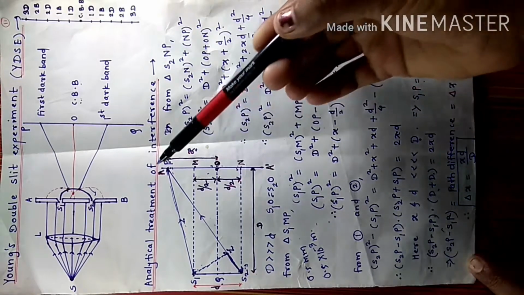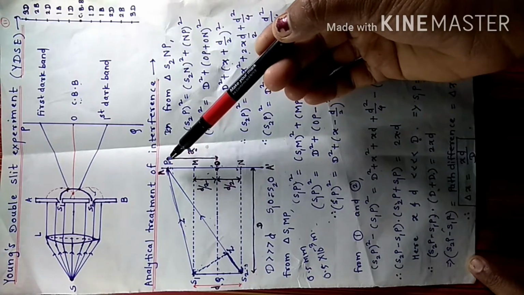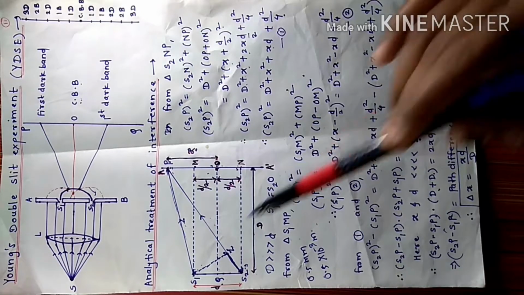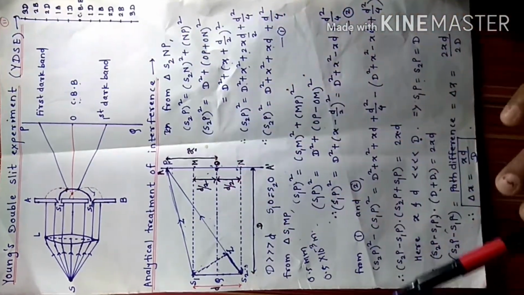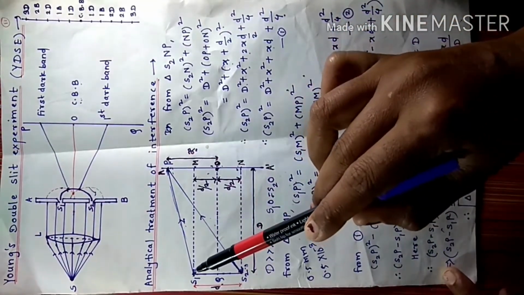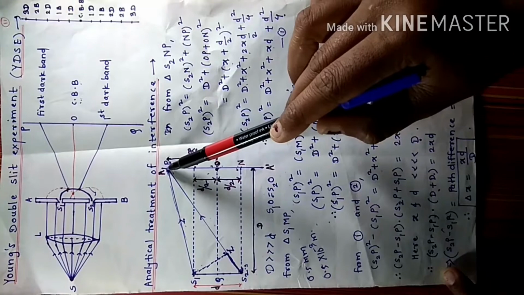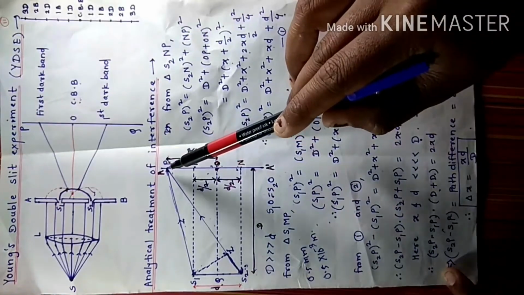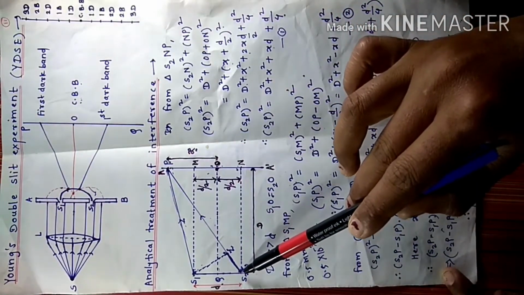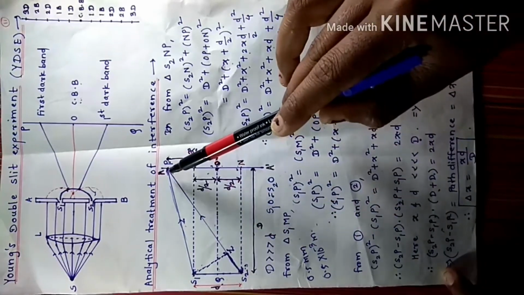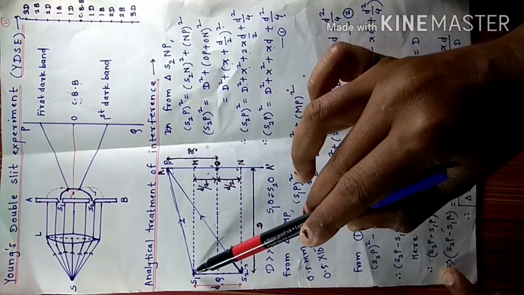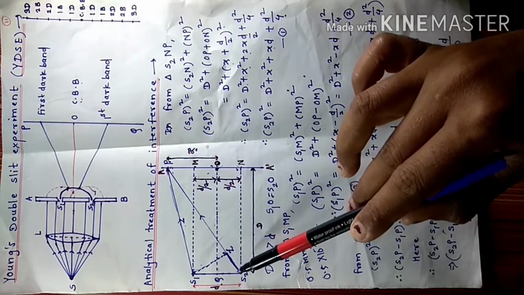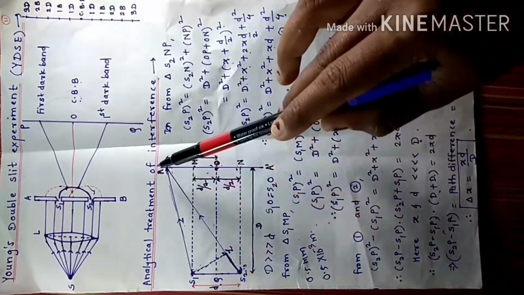In order to decide whether a given point is a bright point or a dark point, we have to find the path difference between the two interfering waves: the wave coming out from S1 and reaching the point P, and the wave coming out from S2 reaching the point P. Here the path traveled by the wave S2P is larger than that of S1P, so the path difference is S2P minus S1P.